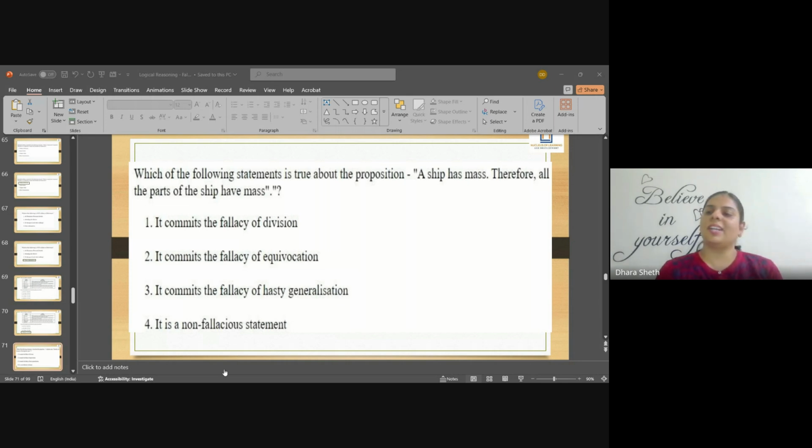Fallacy of hasty generalization is when the sample size is small. So if we were talking about a ship and an aeroplane and also about trucks, cars, and rockets, would it have made more sense? Sample size fallacy. Hasty generalization does not mean doing it fast. It means the sample size is small.